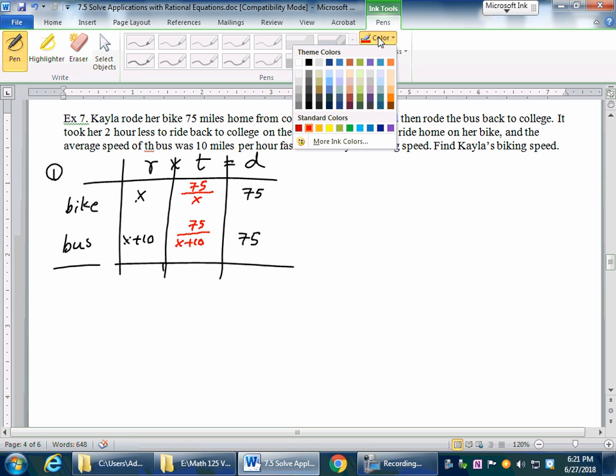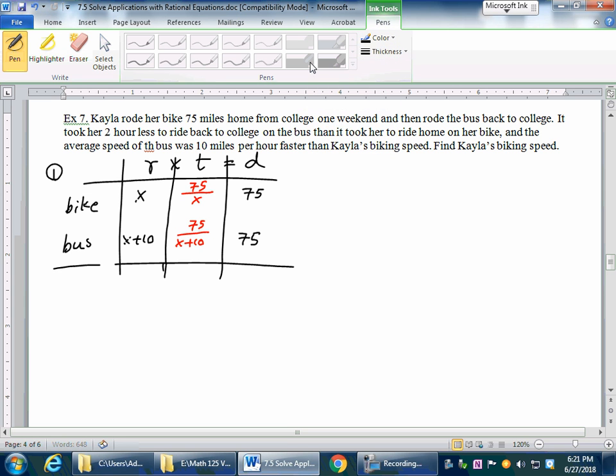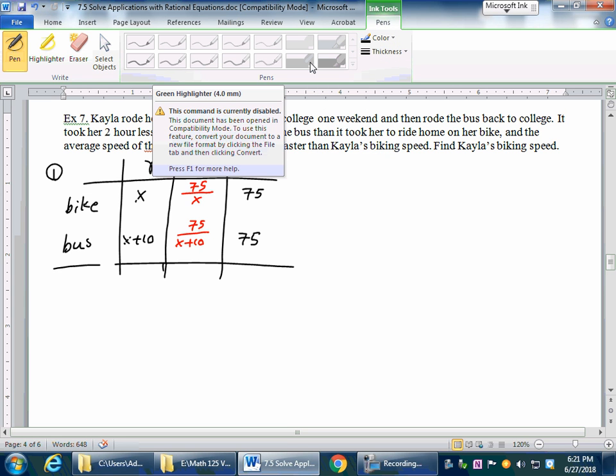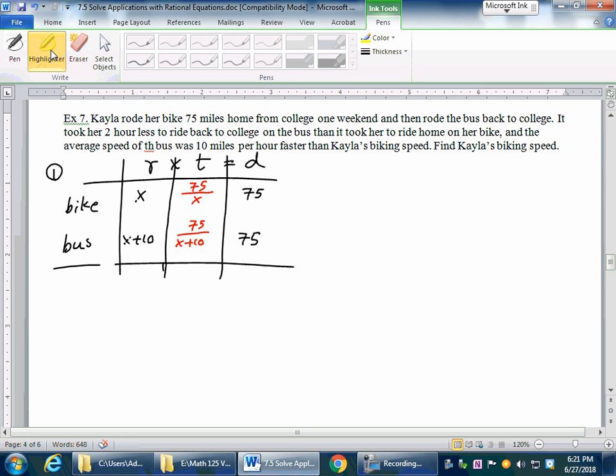Now, to set up the equation, this is where it's telling you, okay, it took her 2 hours less by the bus. Took 2 hours less by the bus.